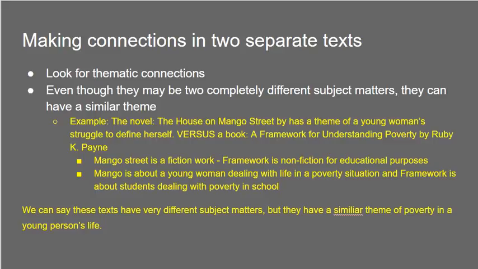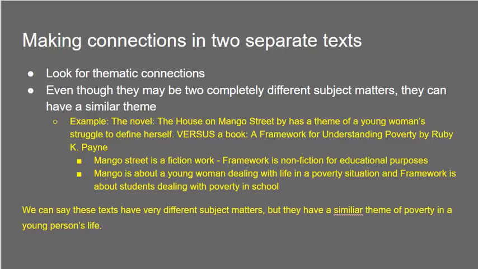Then let's look at another book called A Framework for Understanding Poverty by Ruby Payne. In The House on Mango Street, the young woman was in a poverty situation. So Mango Street is a work of fiction, and Framework is a nonfiction book for educational purposes. So let's think about this.